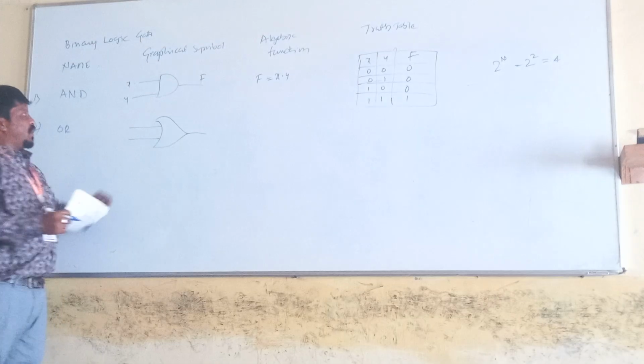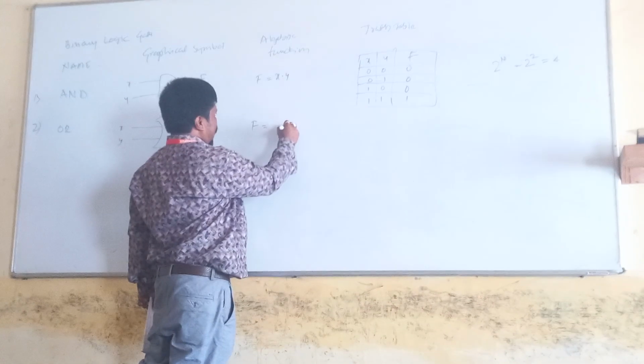Next, the OR gate. Its symbol representation is like this; this part is the input side. The inputs are X and Y, and the output is F. The algebraic function for this one uses the plus operator.